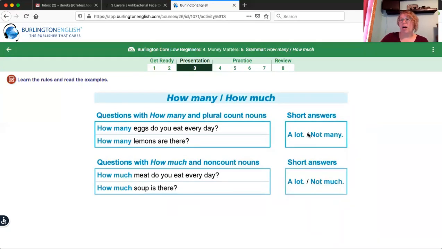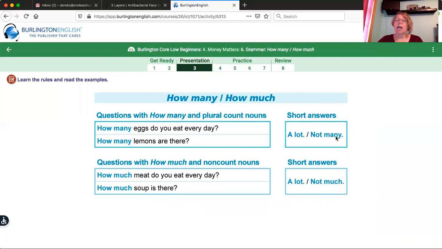A lot is the positive, mucho, or not many, nada or cero, poco, okay? And notice you're using the word many and it matches the same. The word here in our answer is the same. Palabra en respuesta is mismo. Many, many. You can also answer with a number.